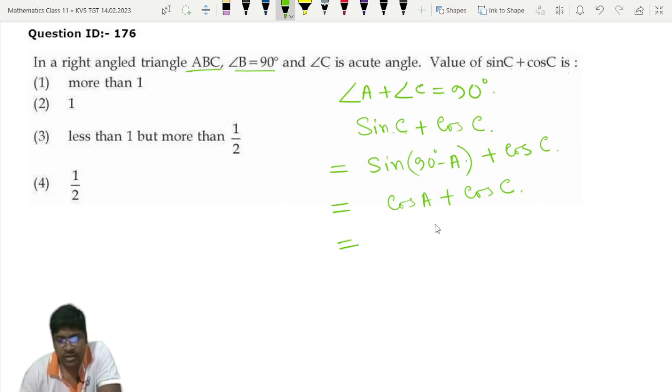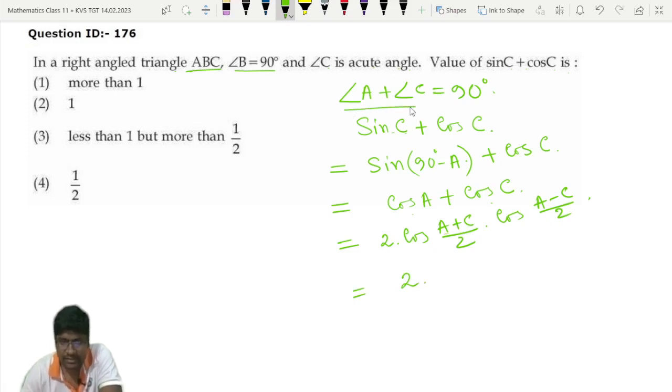Now here we can apply the formula for cos C plus cos D. That is equal to 2 into cos of (C plus D) by 2, that means (A plus C) by 2, into cos of (C minus D) by 2, that means (A minus C) by 2. That is equal to 2 into, now A plus C is 90 degree. Here see, A plus C is equal to 90 degree.